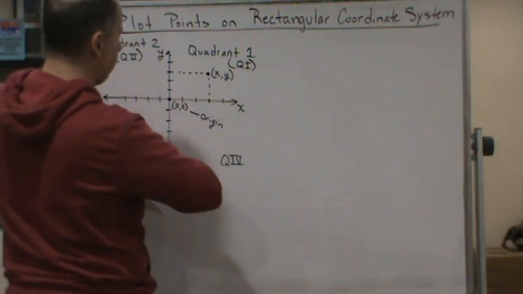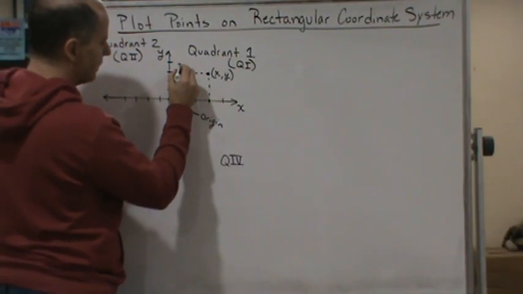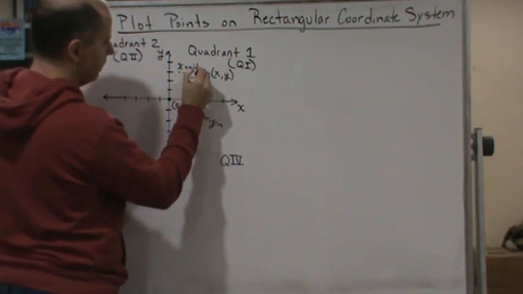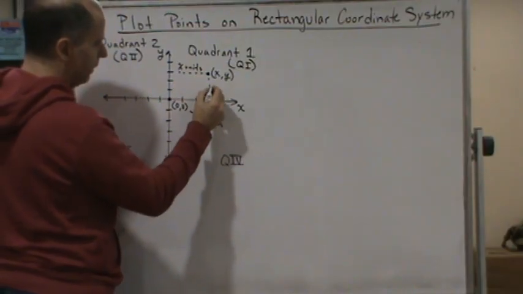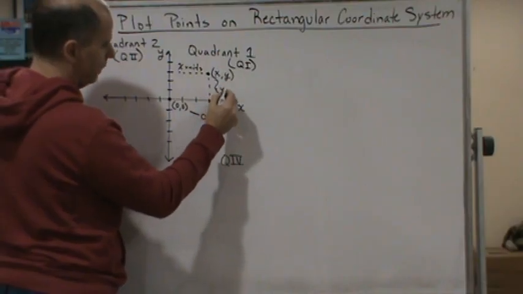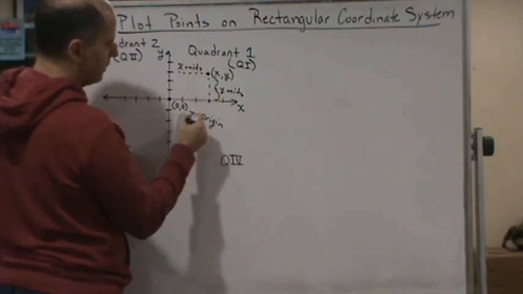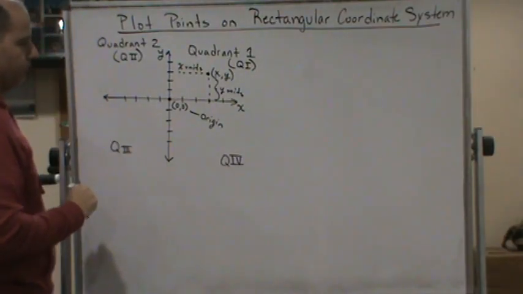So this point is x units to the right, and this tells us y units up, in this particular example.